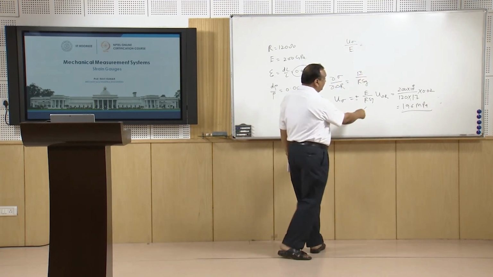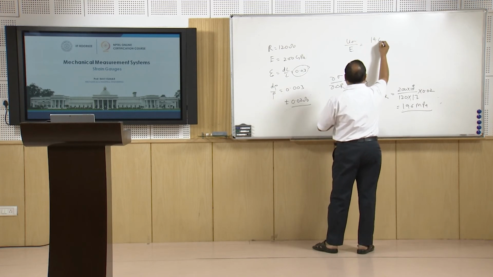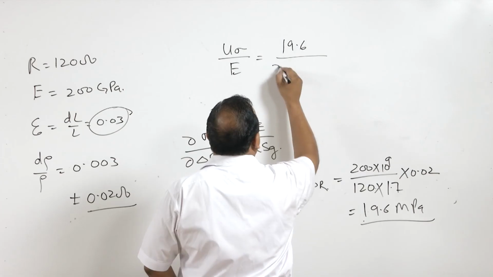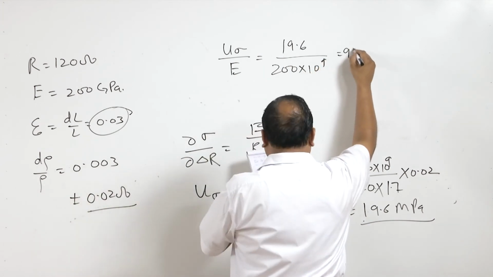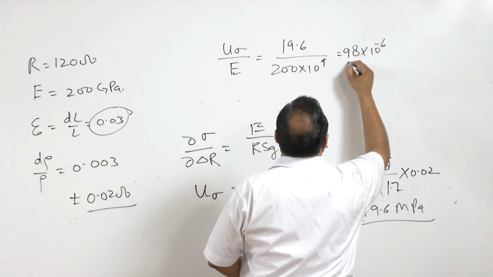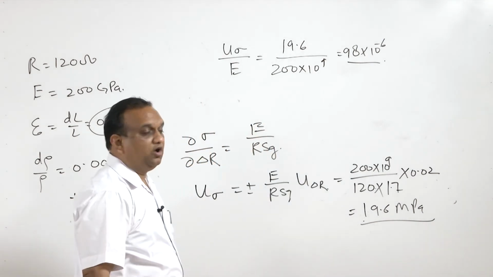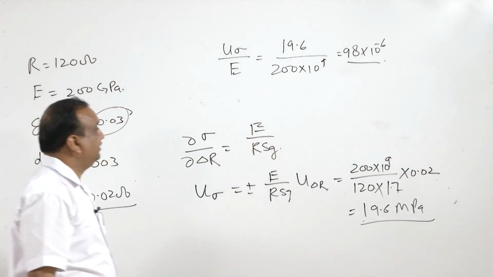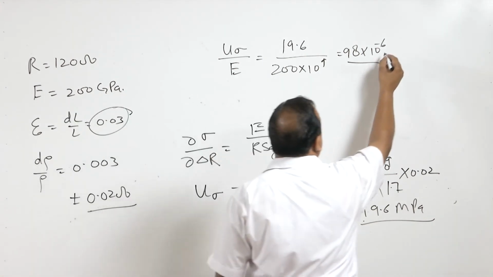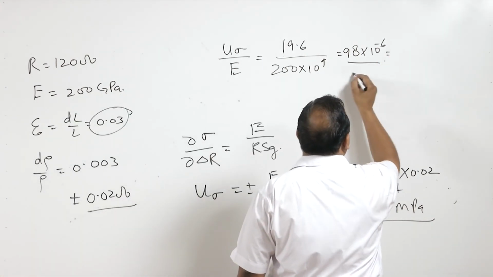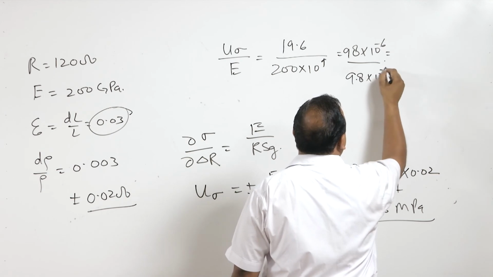So the uncertainty in the stress is 19.6 divided by 200 × 10^9, which is equal to 98 × 10^-6, or 9.8 × 10^-5, right? This is the uncertainty.